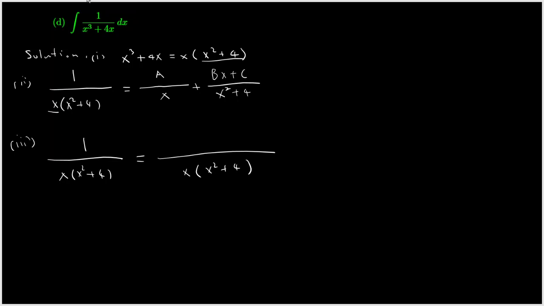And then the numerator, if you want, you can do this in multiple steps, but the numerator is going to be a times x squared plus 4, and then plus x times bx plus c. I think I got this right.